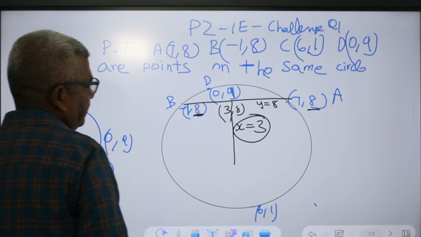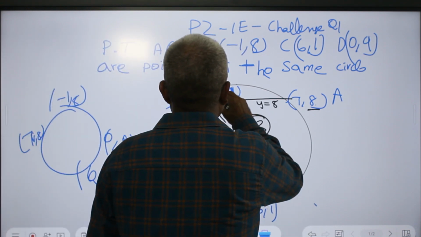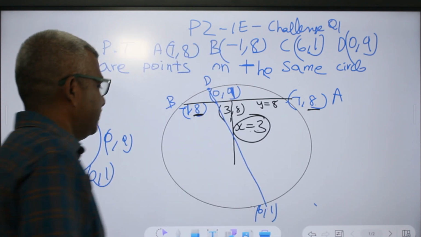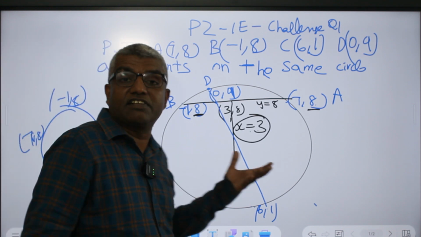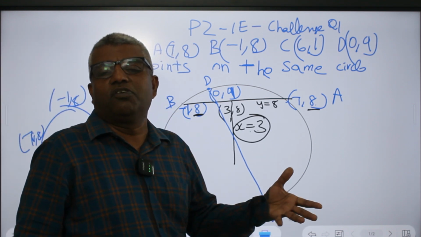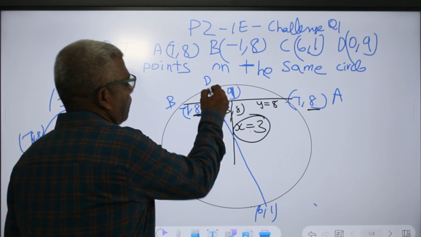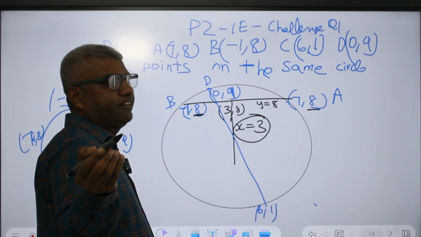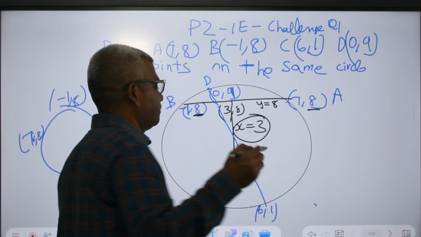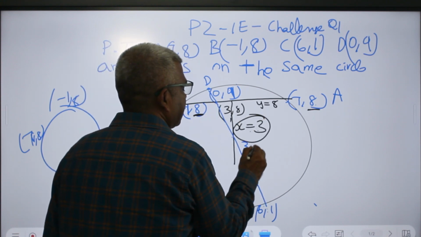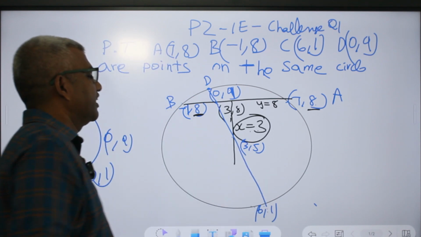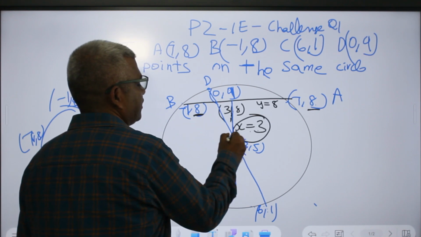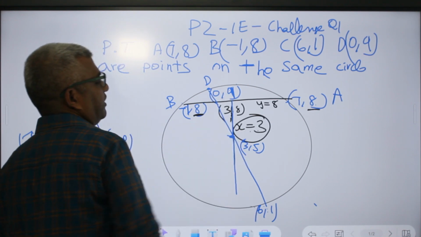D is (0,9) and C is (6,1). This is another chord, but this chord accidentally is a diameter. 0 plus 6 divided by 2 is 3. 9 plus 1 divided by 2 is 10 divided by 2, which is 5. So this midpoint is (3,5).